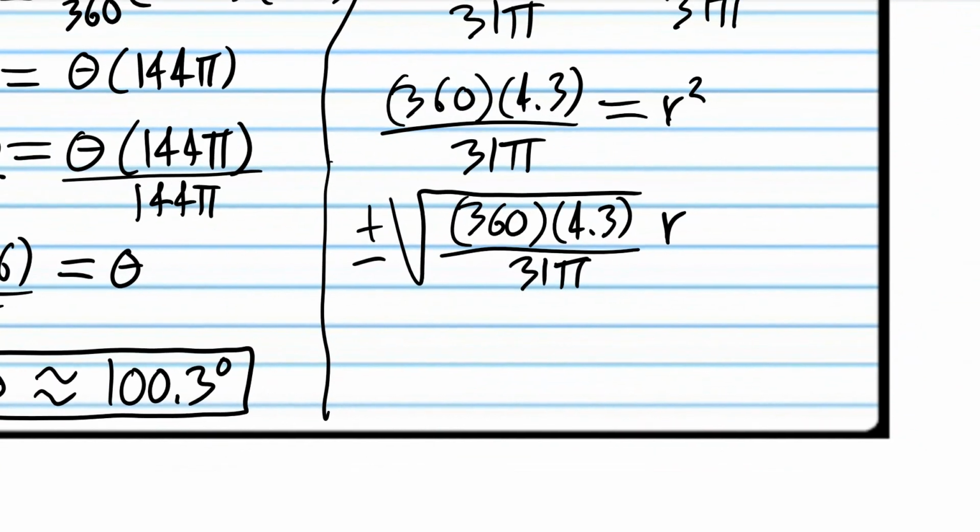So at this point, this may be a little difficult to plug into your calculator, so pay attention very closely. 360 in your calculator times 4.3 equals, divided by 31 equals, divided by the pi button equals.